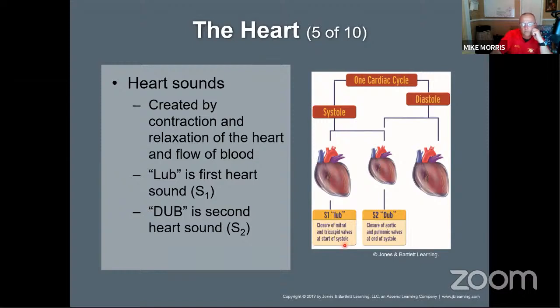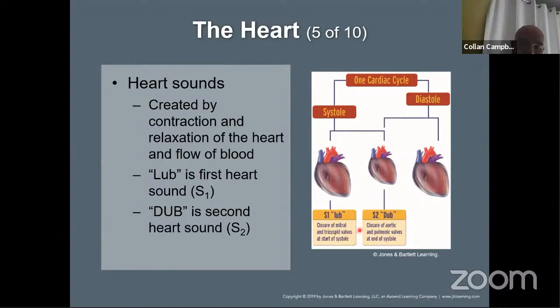Systole means contraction, right? So if I put asystole in front of that, that would mean without contraction.